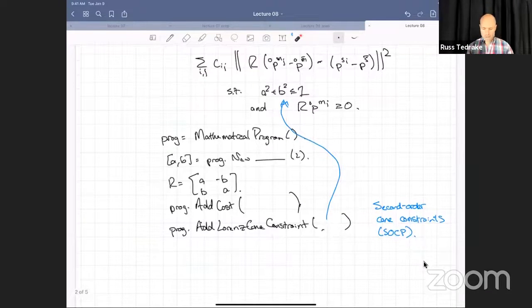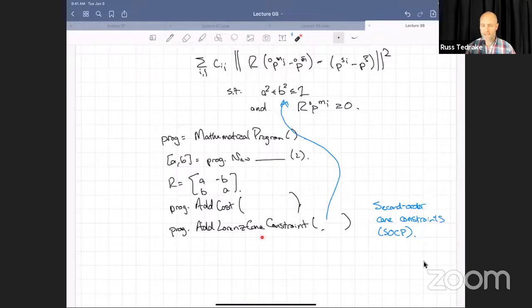Maybe you could also appreciate that the mathematical program interface in Drake is doing a lot of work behind the scenes when you add the constraints. If you add only quadratic objectives and linear constraints, it calls a special purpose solver that's really good at quadratic programs. If you add a nonlinear objective or a nonlinear constraint, it'll call a nonlinear programming solver.